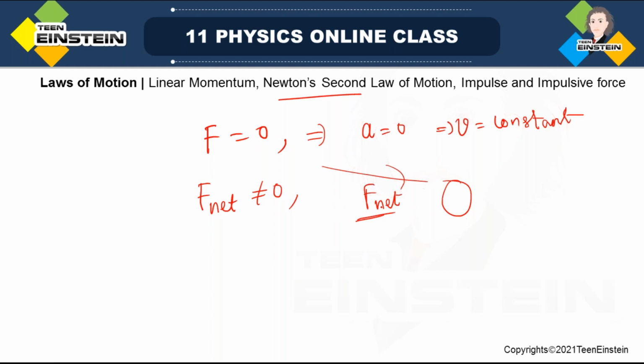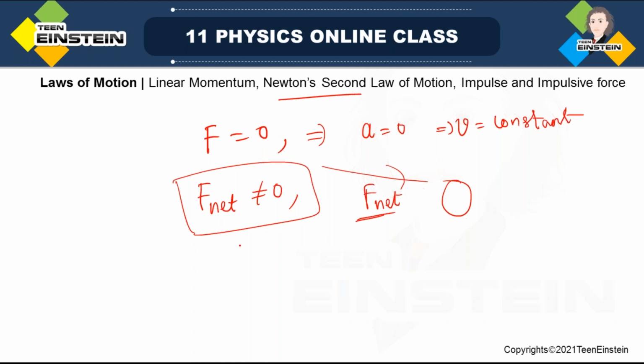So this is external force, which is a net force, and it is not 0 in this second law of motion. So when we apply a force from outside, what are the physical parameters which are going to be affected due to this external force?